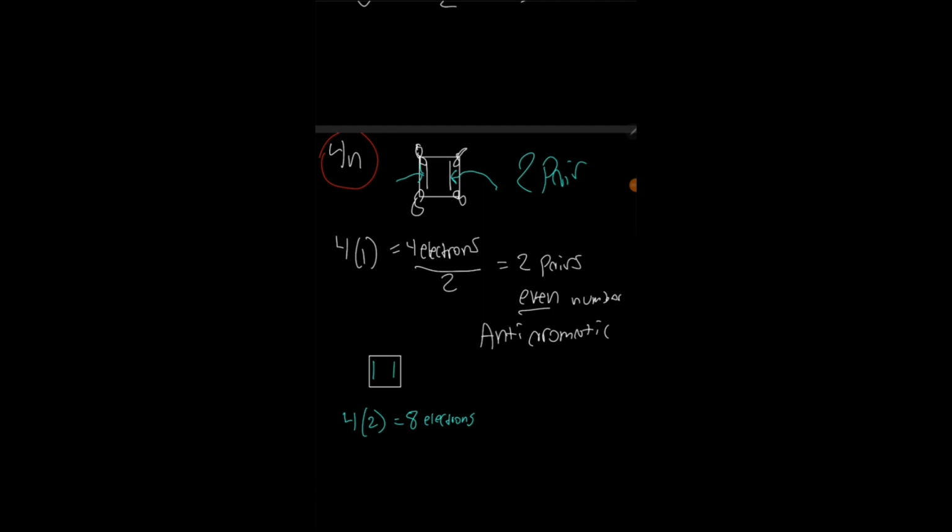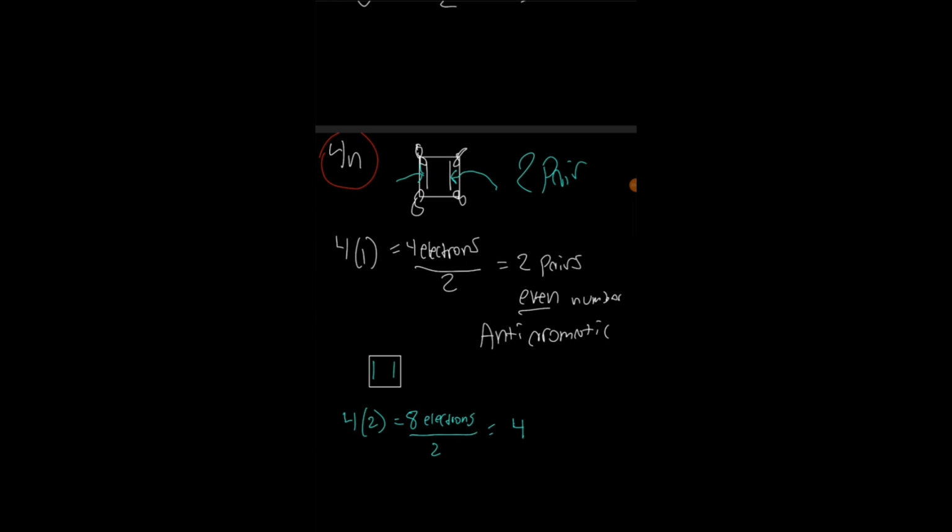Now we have divided by 2 because there's 2 electrons in each pair. It gives us 4, an even number.